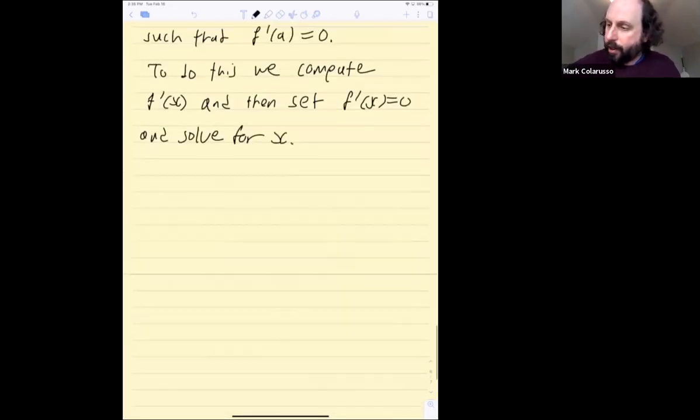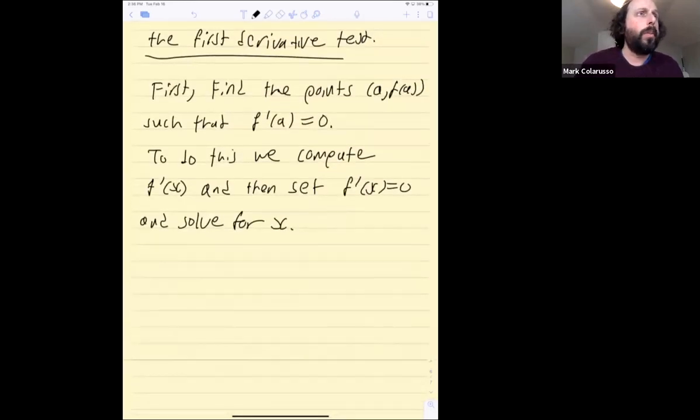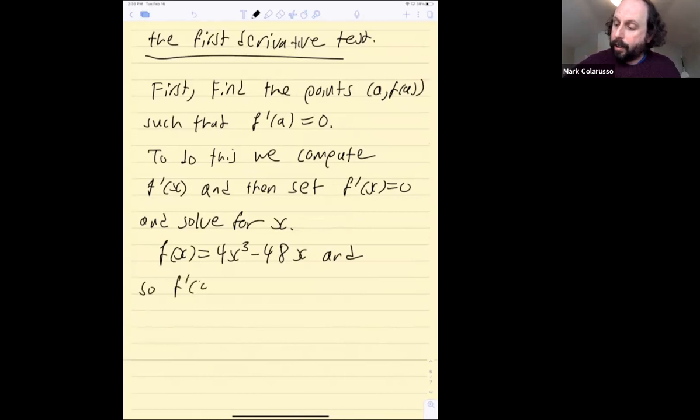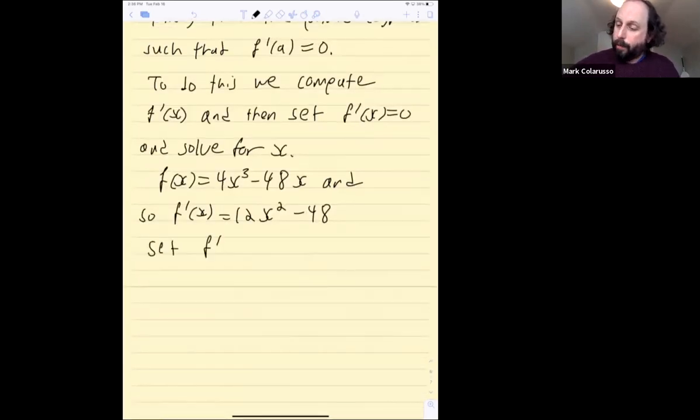Okay, in our case, this isn't so bad. We can just use the power rule. So f at x is equal to 4x cubed minus 48x, and so f prime at x is equal to 12x squared minus 48. Now we set f prime at x equal to 0 and solve.